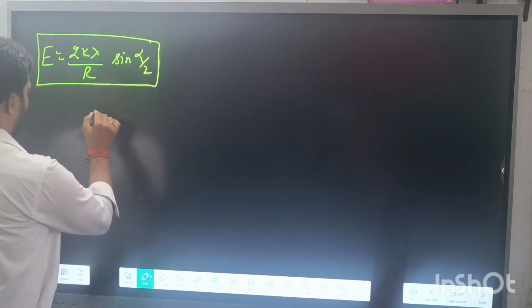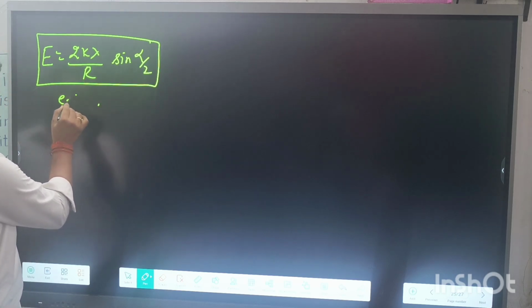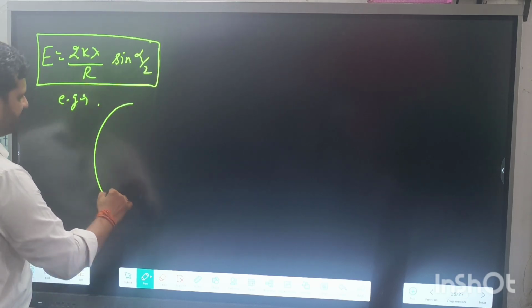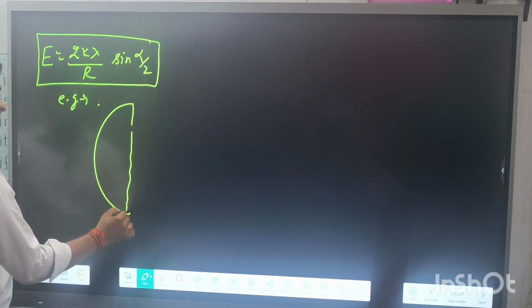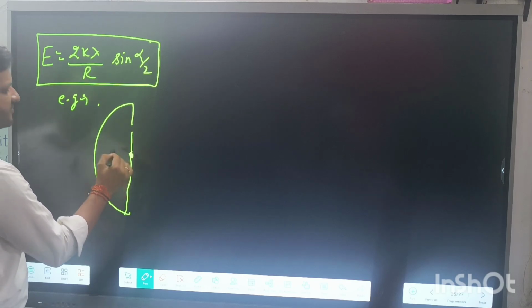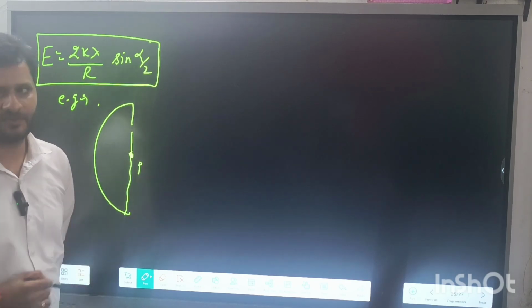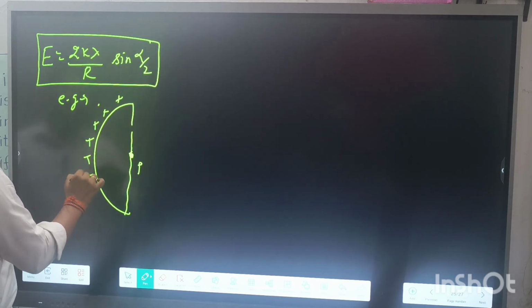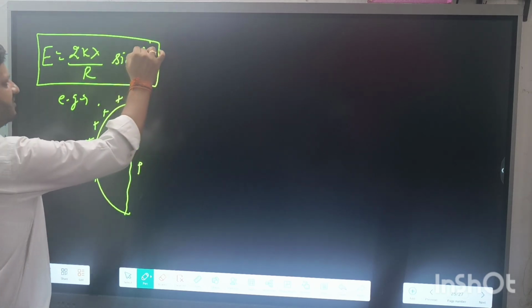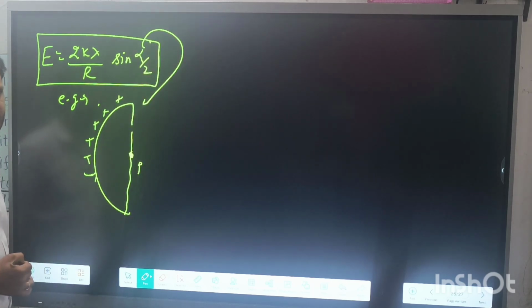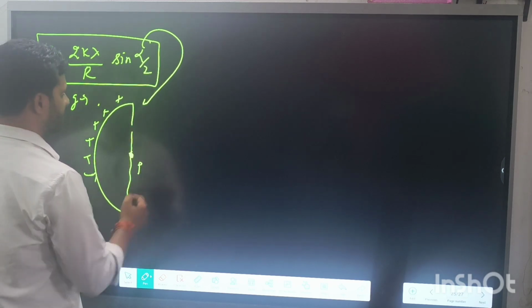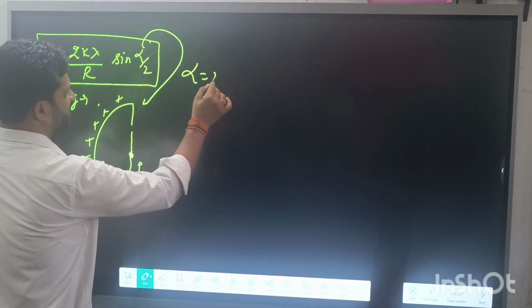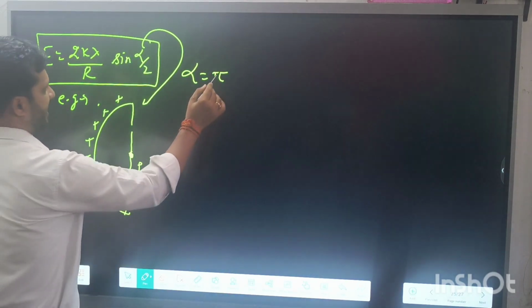Now if I take the example of a semicircular arc and I want to find the electric field intensity at point P, what will be the value of alpha? That is my question. We will find that the alpha value becomes pi.